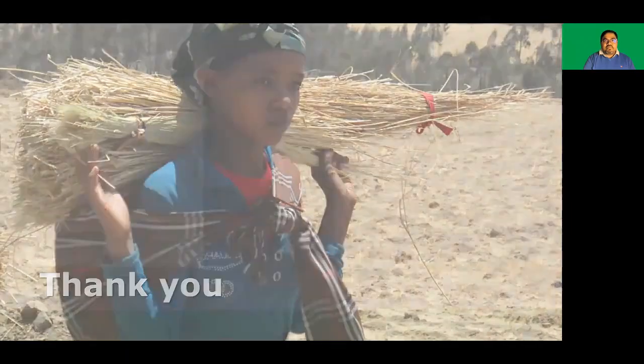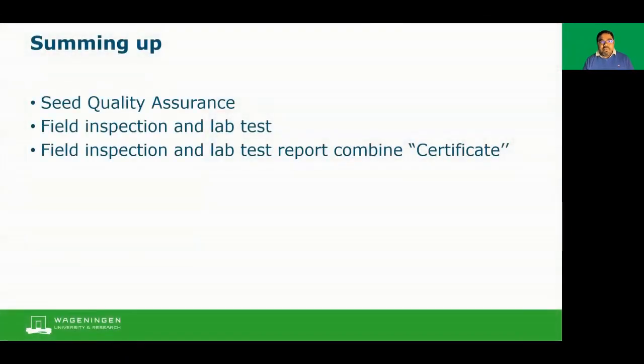So summing up, we have talked about the seed quality assurance in general. We have also talked about the field inspection. So now you have a very nice idea on how to do the field inspections. Since all the protocols and procedures are already there, there are approved and tested international procedures for field inspections.